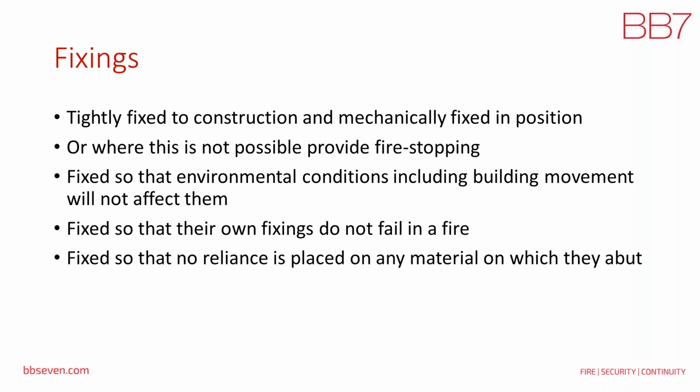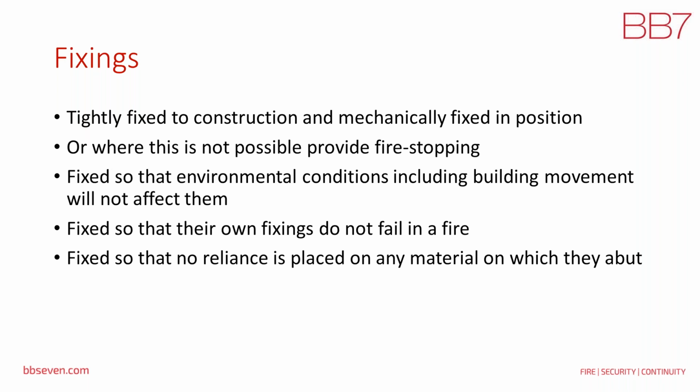Fixed so that no reliance is placed on any material on which they abut. So, for example, we mentioned that certain materials can fail, certainly if they're not masonry, they can move around in a fire.